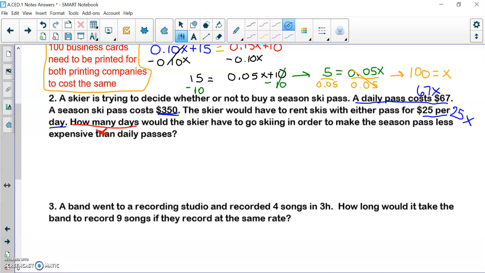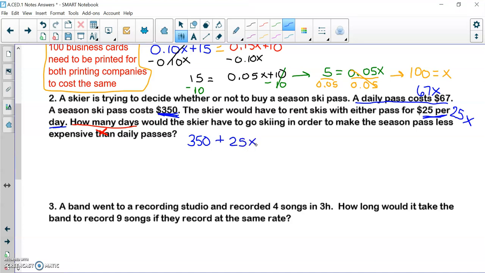So the season pass costs you $350 for a one-time fee, but then remember you have to rent skis for $25 per day. So that's going to be added to my season pass cost.